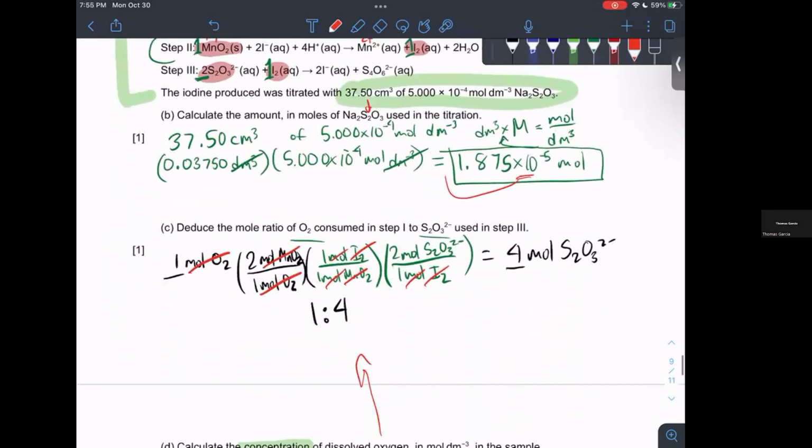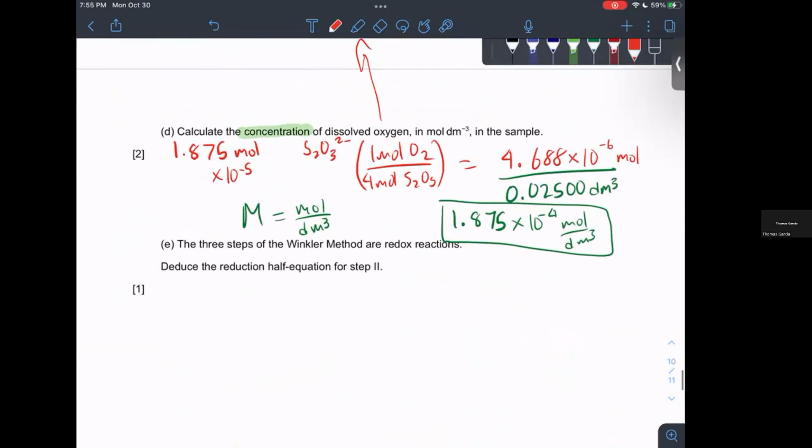That is our reduction. So we're doing the reduction half reaction for MnO2 reacts to form Mn2+. Again, that is our reduction. We are going from a 4+ to a 2+. That is reduction.